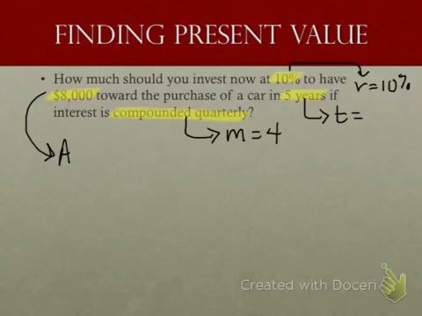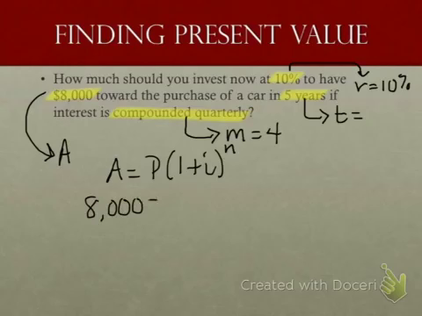So when we put this into our equation, because we are compounding quarterly, we actually need to use the A equals P times 1 plus I to the N formula. So the A we have, that's going to be the 8,000. The P is what we're trying to find because they want to know how much should we invest now. The 1 is constant.